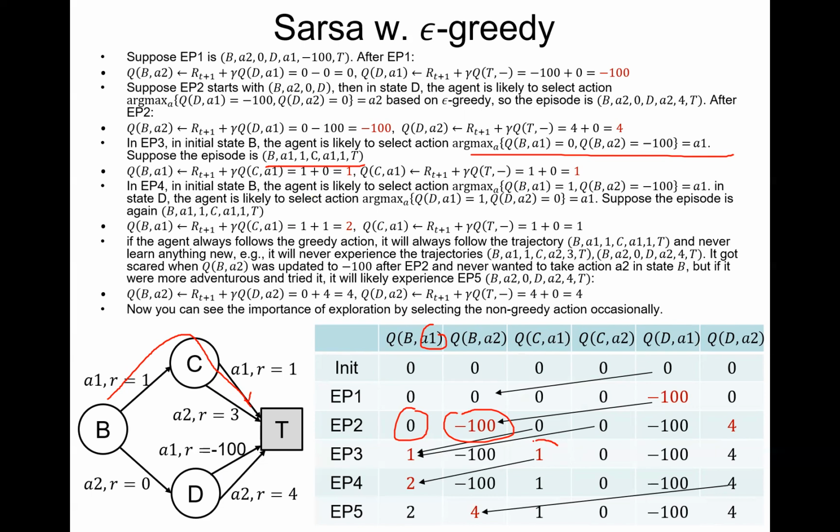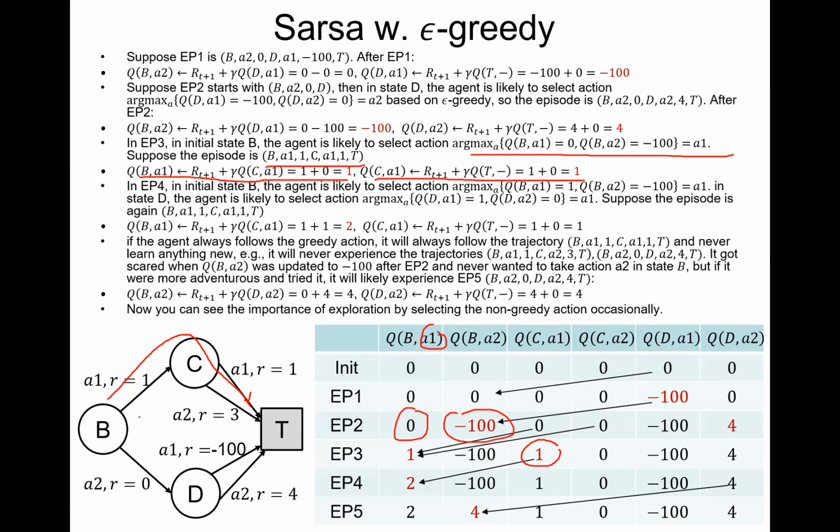Now the QCA1 is bootstrapped off the terminal state, which is 1, and QBA1 is bootstrapped from the QCA1, which is 1 plus 0. So the bootstrapping is in the visitation sequence.